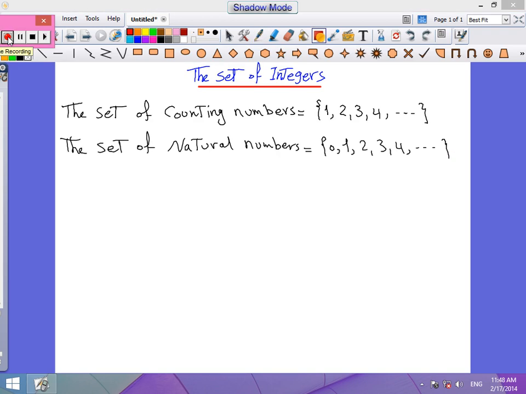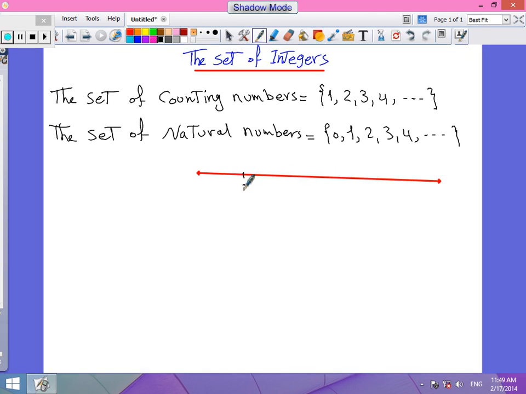We can represent the set of natural numbers on the number line, as we studied before. Here we have 0, 1, 2, 3, 4, 5, and so on. If we want to represent 5 minus 3 on the number line, we move from 0 to 5.